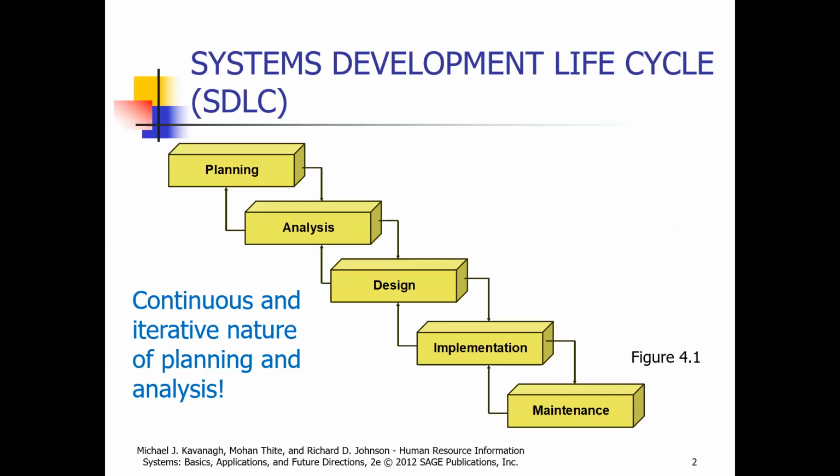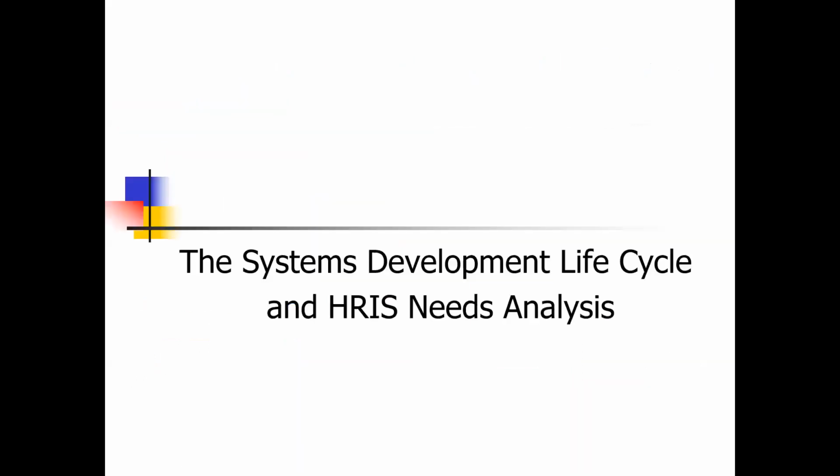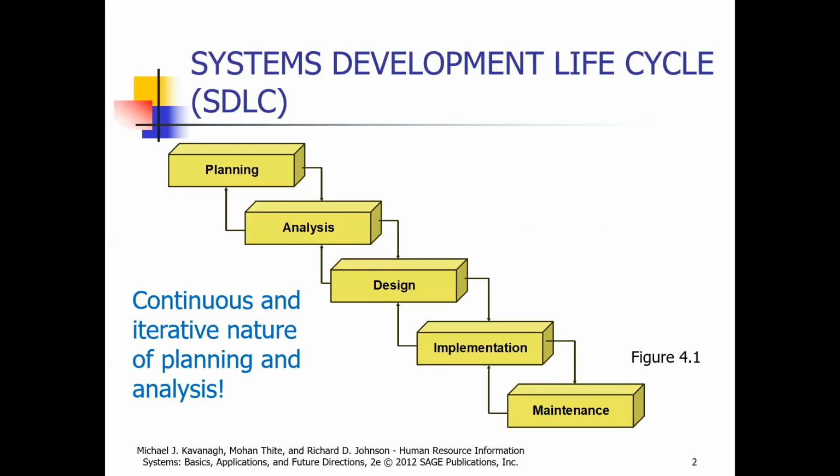In analysis, the organization analyzes the needs, current situations, the advantages and the feasibility of the whole project, and ultimately designs, which basically involves the implementation. So we would be looking at it step by step.